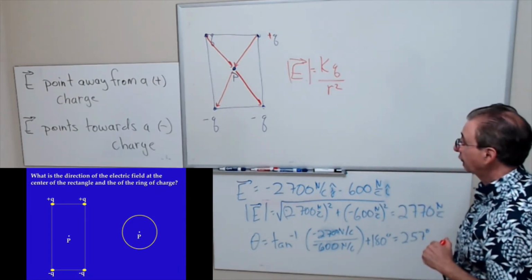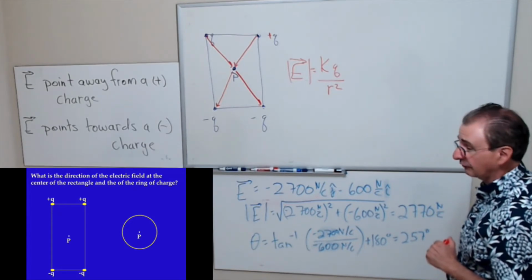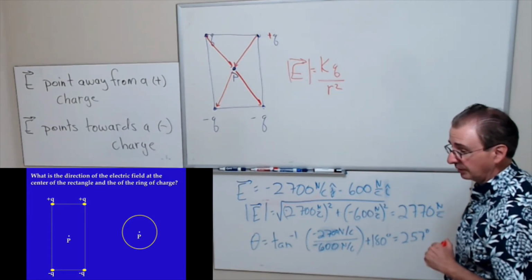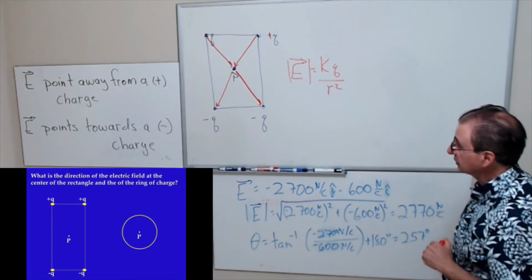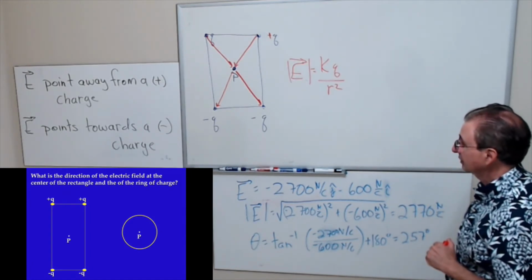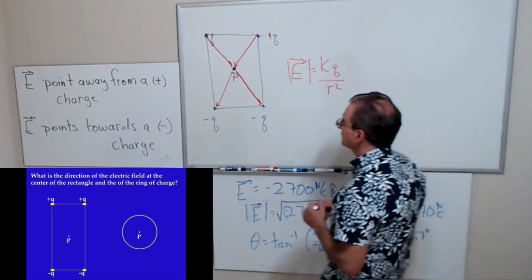Isn't it true that the magnitude of the field due to all the charges is the same at point P? Isn't it true that all the angles with respect to the x-axis are the same?